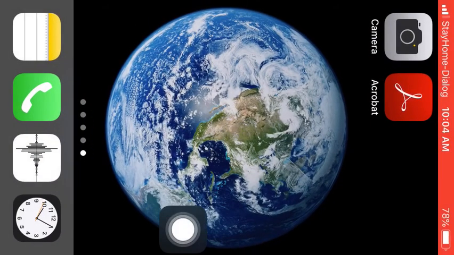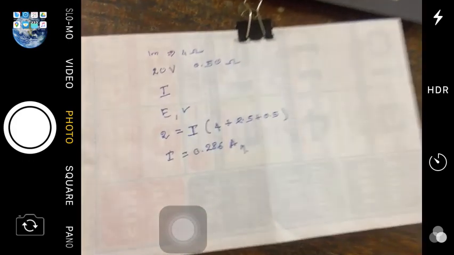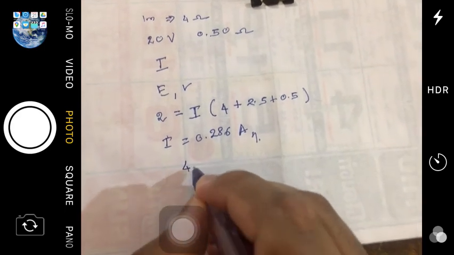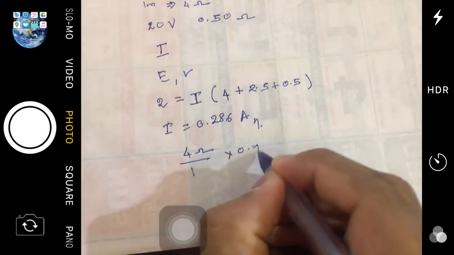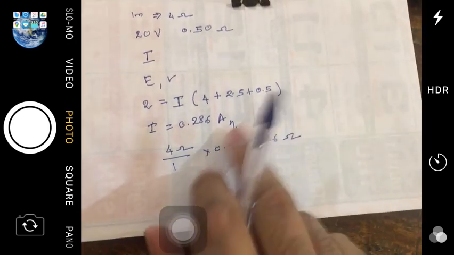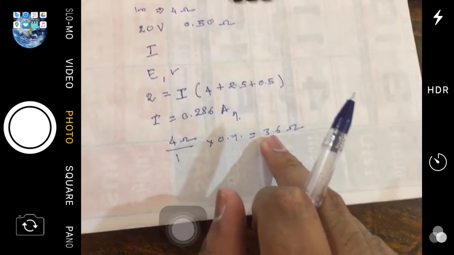R is equal to rho L over A. The wire is uniform and cross-sectional area is uniform, hence the resistance of 4 ohm will be divided. So 1 meter has 4 ohms, so 0.9 meter would have 3.6 ohms. So this is the resistance of the part XJ, the one which we want to calculate.